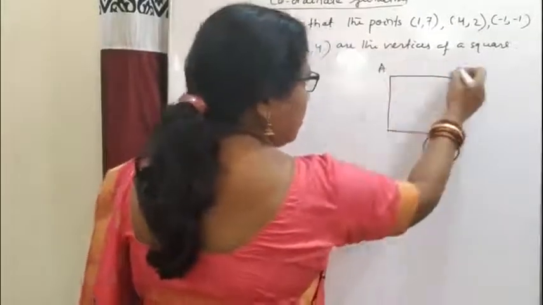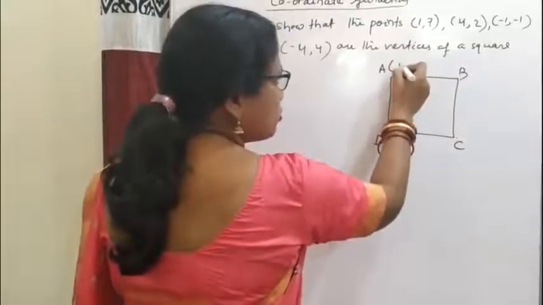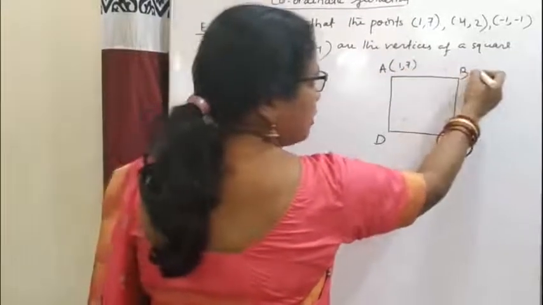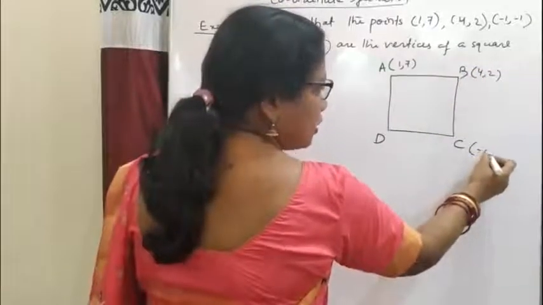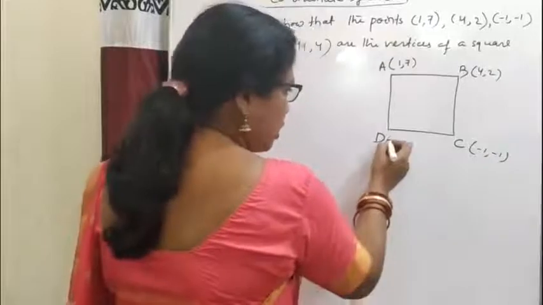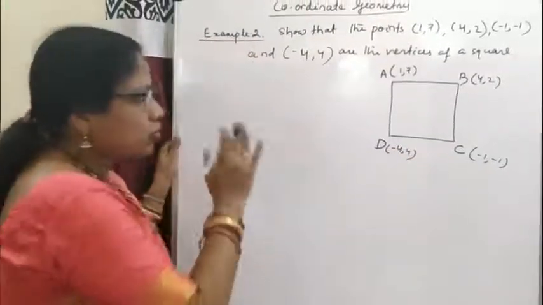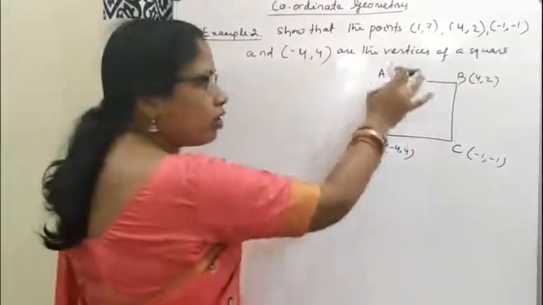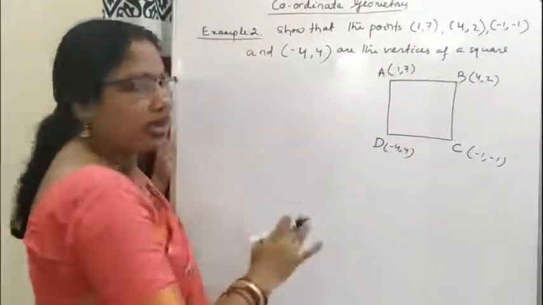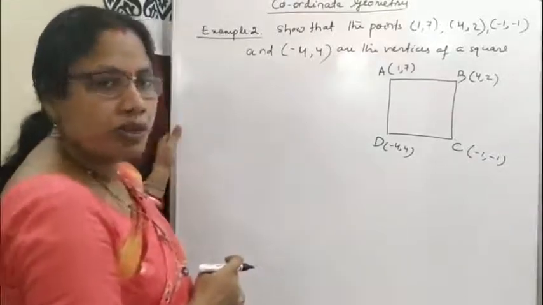A is (1, 7), B having the coordinates (4, 2), C having the coordinates (-1, -1) and D having the coordinates (-4, 4). So to prove this is a square, we have to find all the sides. All the sides must be equal and the two diagonals should be equal.